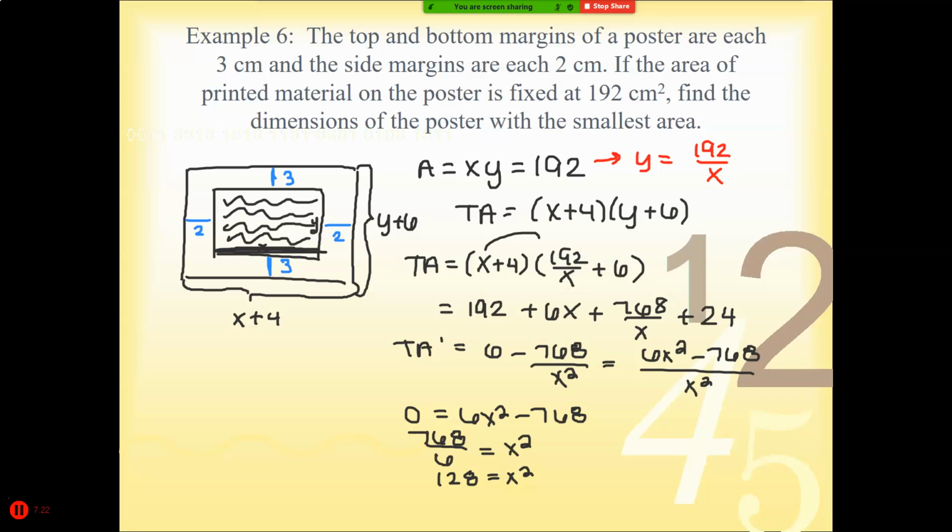And then you take your square root of both sides. And you get x equals plus, and honestly there is a minus, but what do we know about a negative? That doesn't really logically make sense for a length.